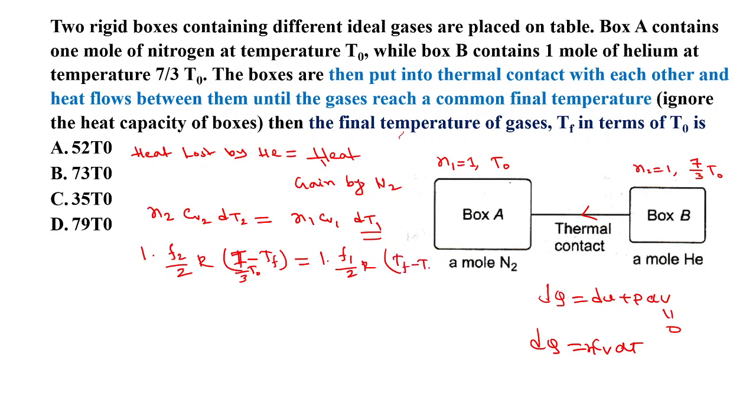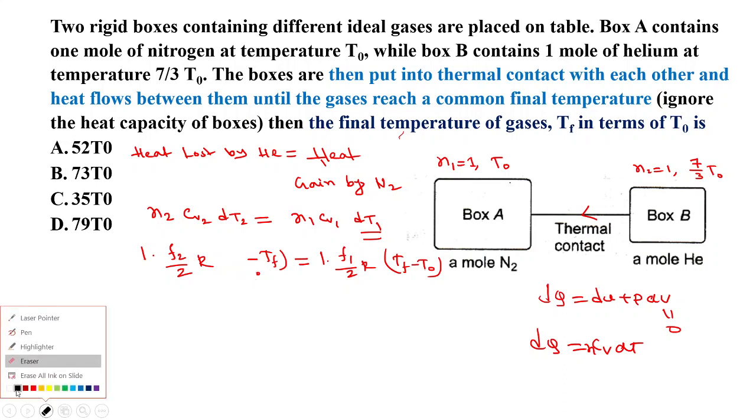So TF minus T0. And the initial temperature T of helium was 7 by 3 into T0.